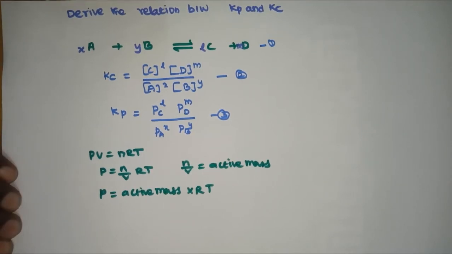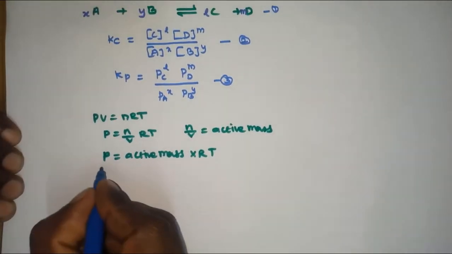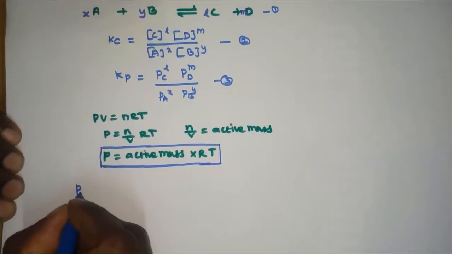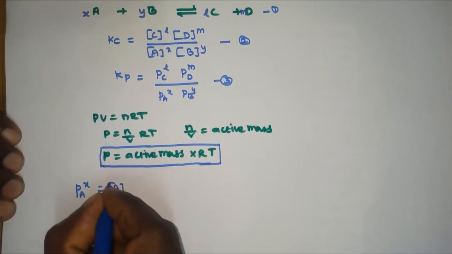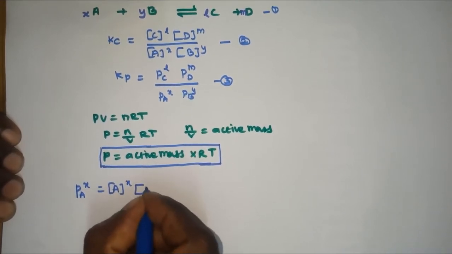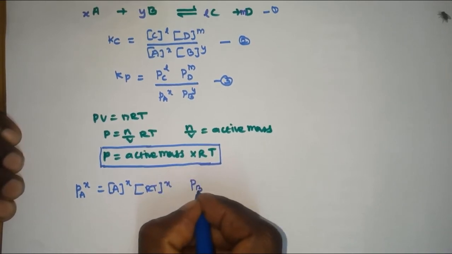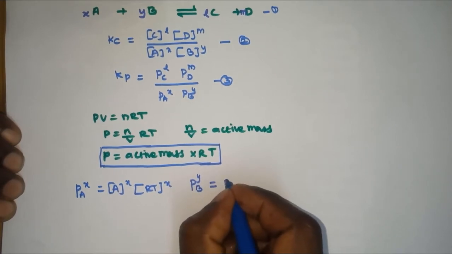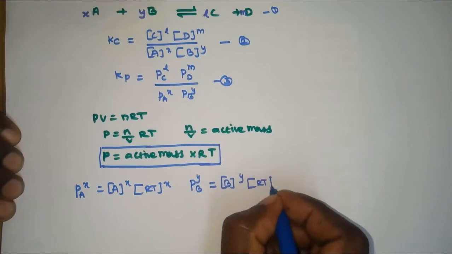Based on this equation, the partial pressure of reactant and product is written as follows. Partial pressure of A power x equal to A power x into RT power x. Same way, partial pressure of B power y equal to B power y into RT power y.